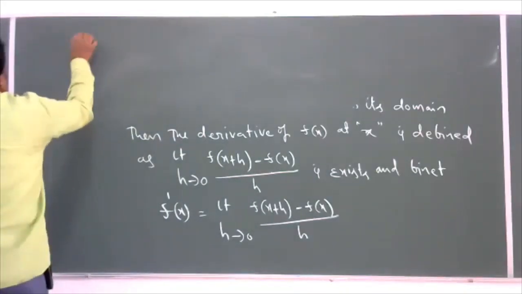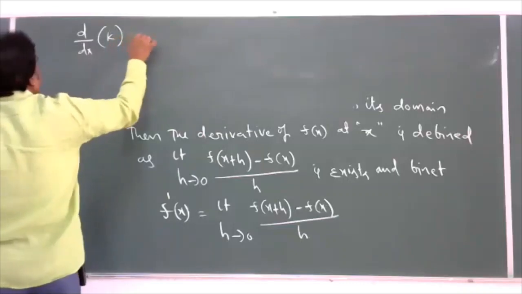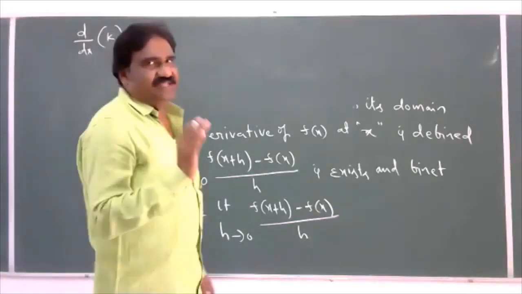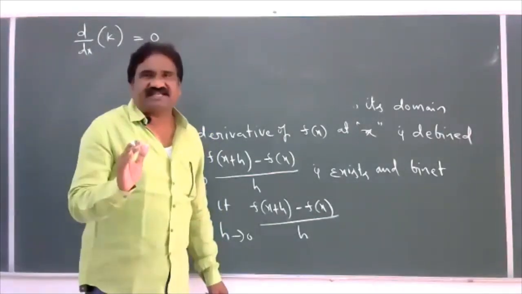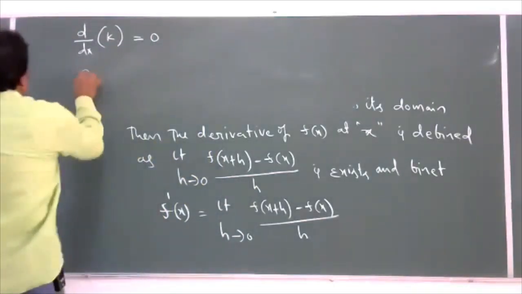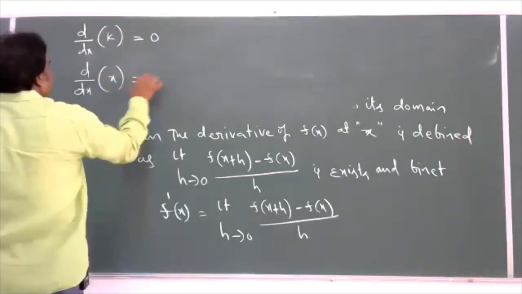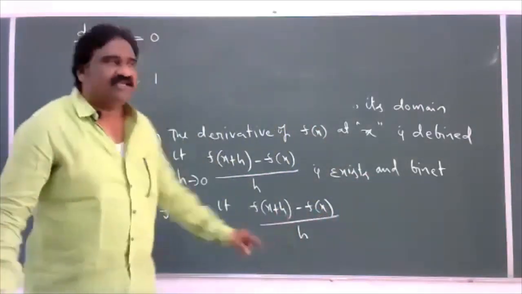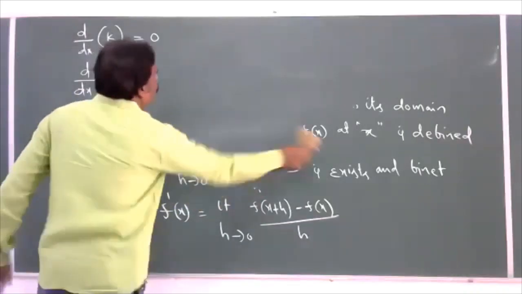d by dx of a constant is equal to 0. Already you know, in the first year, we discussed d by dx of k, where k is any constant. And d by dx of x is equal to 1, since we are differentiating with respect to x.